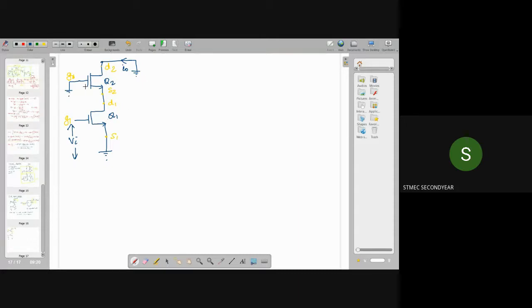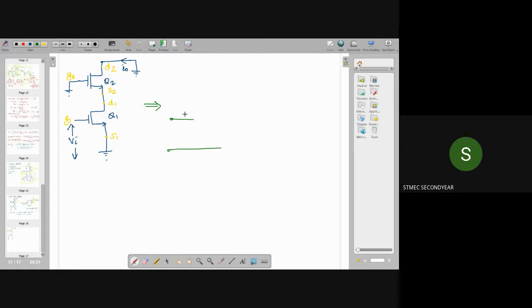That is, we have to replace these transistors with the small signal equivalent model. So first I am considering the lower transistor Q1. For Q1, I can draw the small signal equivalent circuit like this.